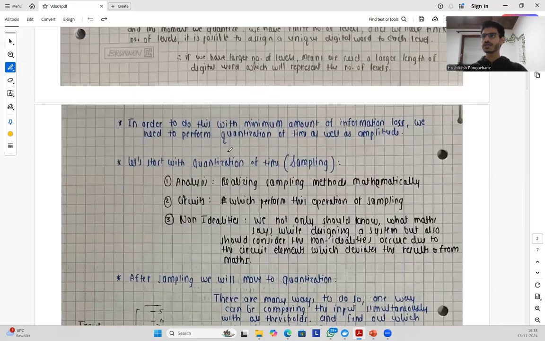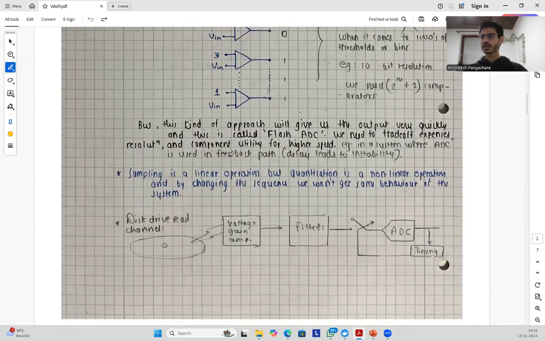That's why if we build a system where we first do sampling and then quantization, and then whatever discrete output we get, we feed it to the digital system, it will not remain the same when we do discretization of amplitude first and then sampling of time. Then it will be something different. So the sequence matters, and we won't get the same behavior of the system if the sequence of these two is changed. So we will take an example, and that example is basically of a disk drive read channel.